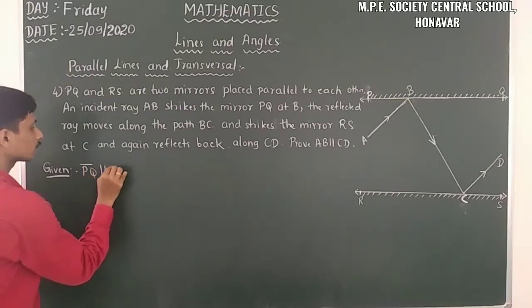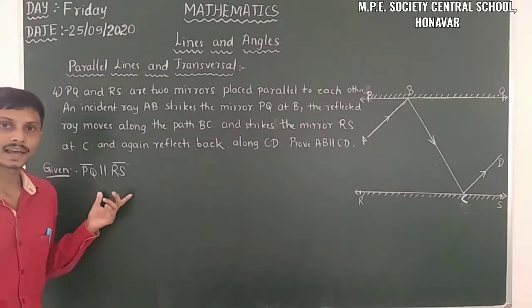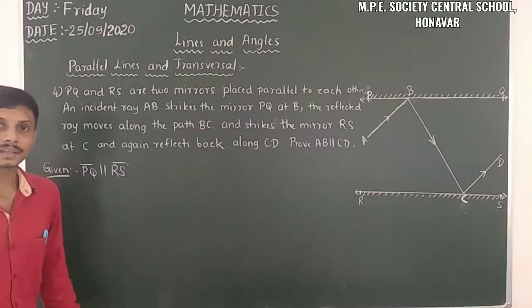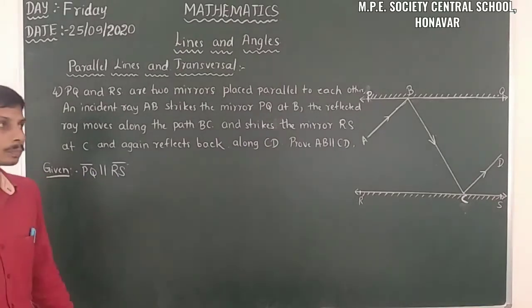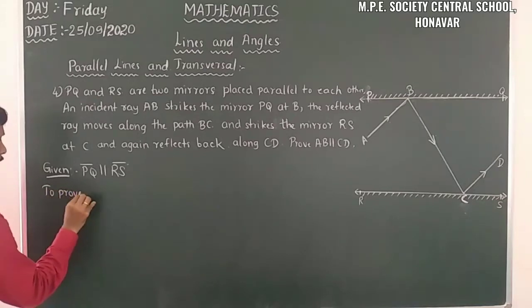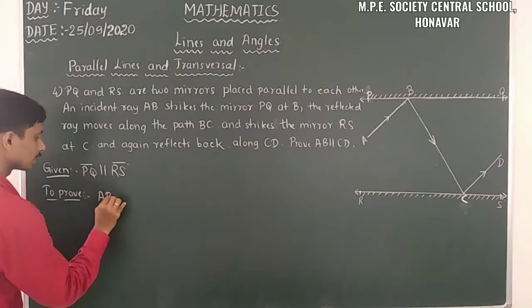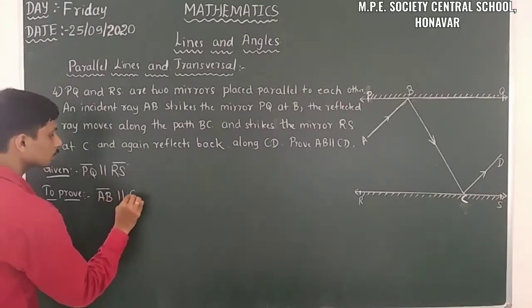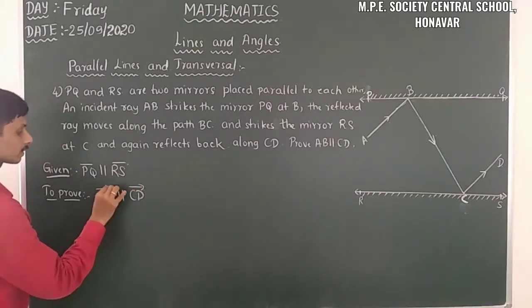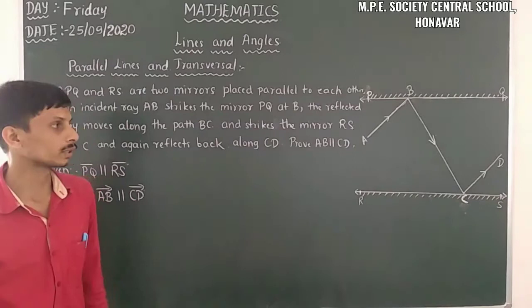Consider those two as parallel lines. Then we have to prove that AB is parallel to CD. Those two are rays, and we have to prove that those two rays are parallel.